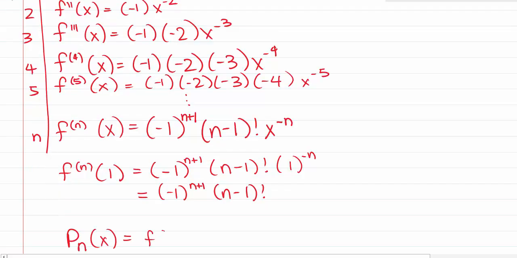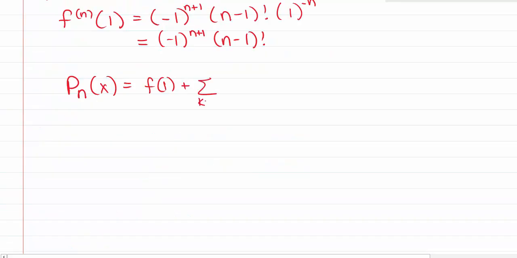So we would have f of 1 plus the sum, this is the 0th term, so we're going to start at 1, k goes from 1 to n, of, now I found my pattern for my derivative, so it's negative 1 to the k plus 1, k minus 1 factorial, all over, and I know I divide by k factorial, right? Because I should have my derivative divided by k factorial times x minus 1 to the k.